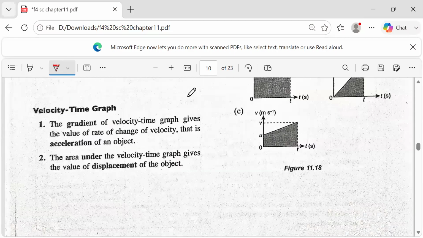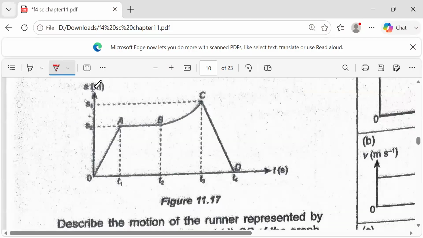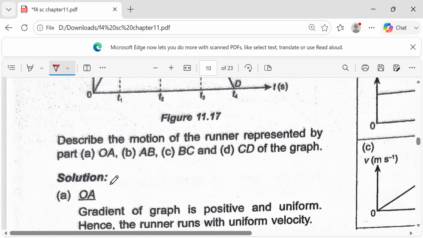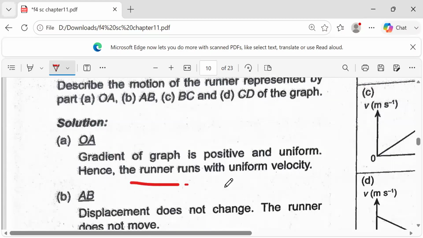Okay, let's look at this graph here. So this one is distance over time. This one is constant speed, 越来越快。这个是没有动，休息。OK，这个是 accelerating，越跑越快。OK，这个是 decelerating，越跑越慢。So, the runner runs with a uniform velocity.